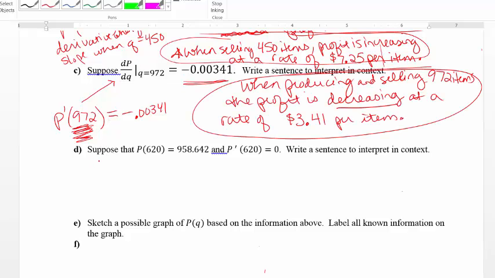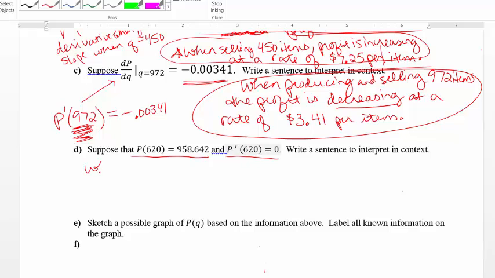Okay, part D gives us P of 620 is 958.642 and also gives us that P prime of 620 is 0. So P of 620 is talking about a y value on the function. P prime of 620 is talking about the rate, the slope at that time.